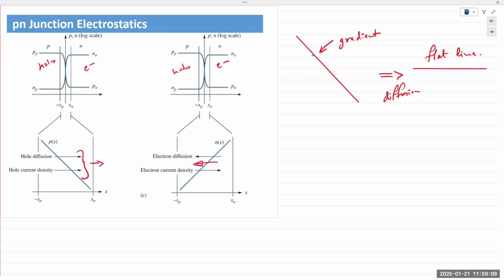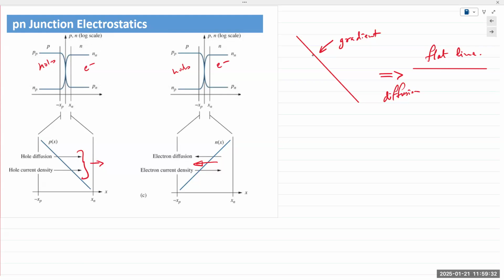So the junction would disappear. But that is not what happened. What they discovered was that after reaching a certain point, the diffusion would stop. So they had to find a competing mechanism that would oppose that diffusion.